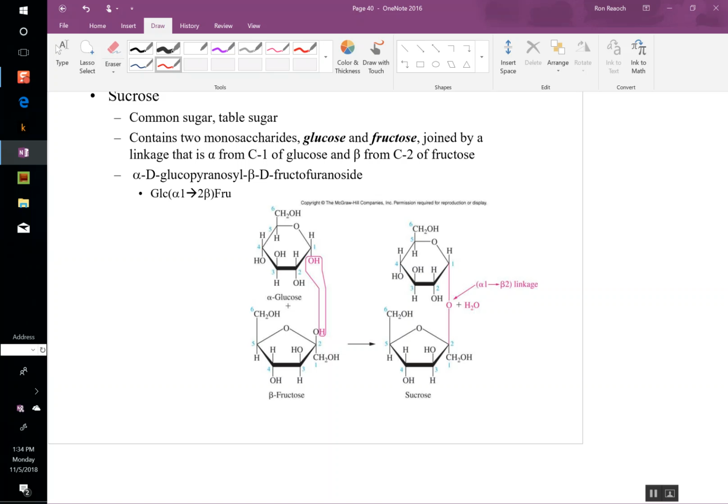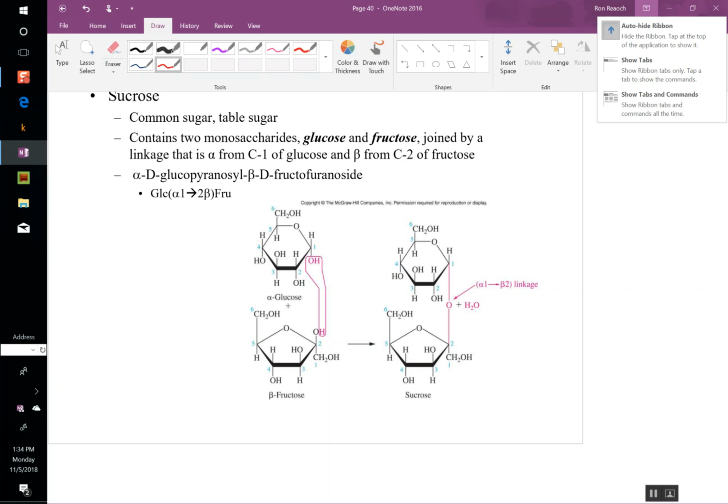Everything's D from now on. And you would form sucrose. Remember I told you the OSE tells you we're talking about carbohydrates or saccharides, but it doesn't tell you whether it's mono or di. Fructose is a monosaccharide. Sucrose is a disaccharide.